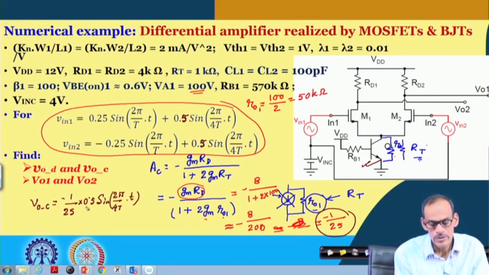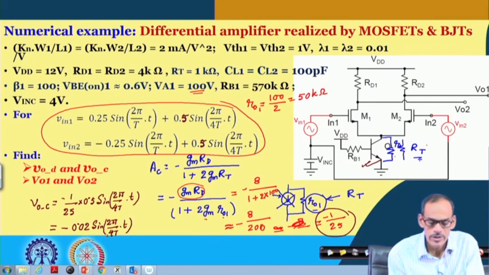In fact, that gives us a very small common mode. In fact, this is 0.02 sin 2 pi by 4T into t.